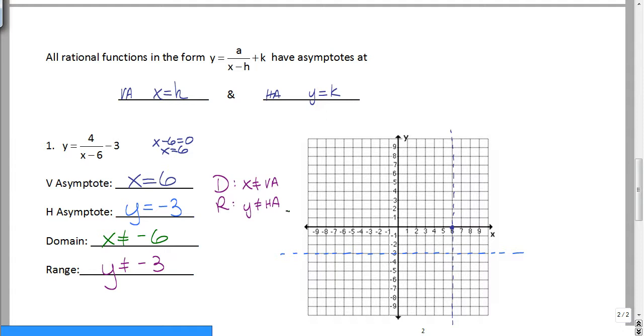So again, to graph this, you're going to have to use your graphing calculator. You're going to want to go to y1, and you want to be very careful when you type this into your calculator. I like to say you should keep your fractions together. So we have our fraction for this, 4 over x minus 6.